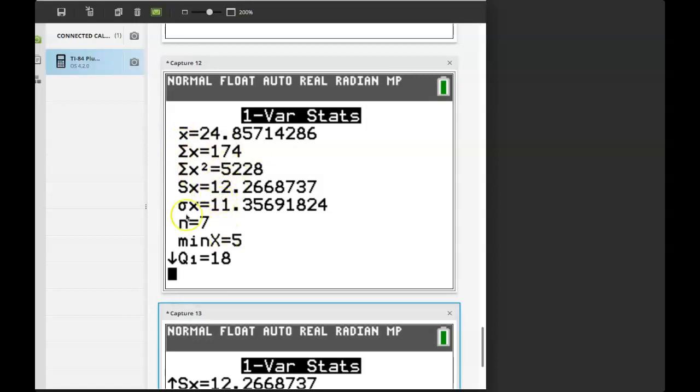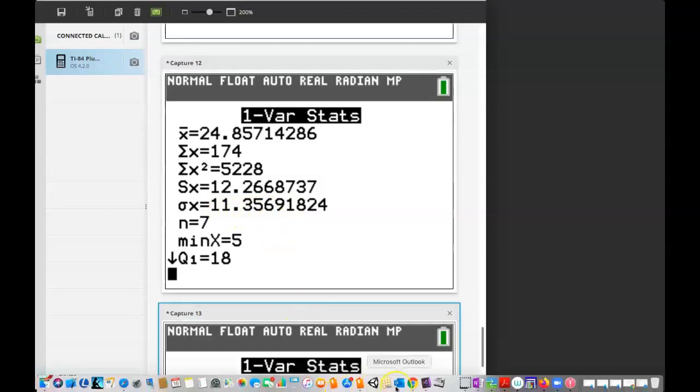When you enter data, this calculator doesn't know whether your data was based on population or sample. That's why you may see x bar instead of mu. But you already know that you're working on population. This is standard deviation for sample, starting with S for sample, and the sigma is for population. So the answer for population standard deviation is 11.3569. If we round it, it will be 11.36.